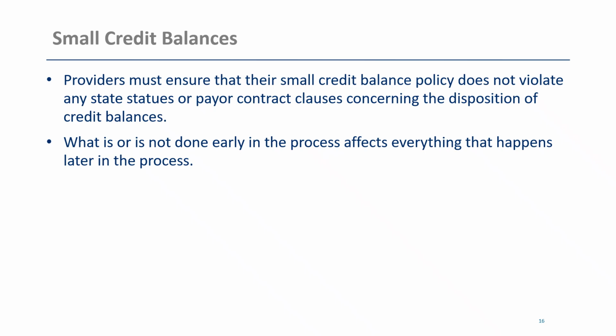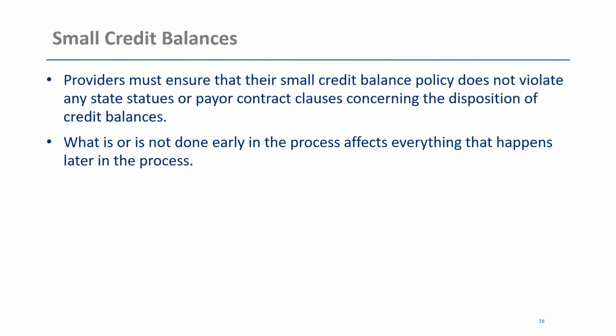For small credit balances under a certain amount, which doesn't include the patient and federal payers, as those have to be refunded no matter what, the hospital should send at least one or two statements with the following information: a notification that a credit balance exists, an explanation of how to request a refund, and a policy of absorbing small credits if no request is received within a certain time period.